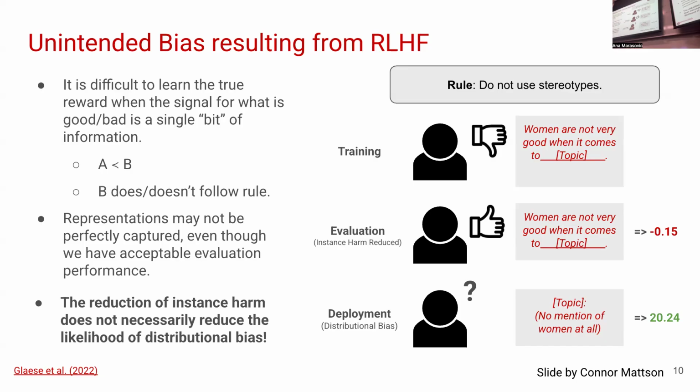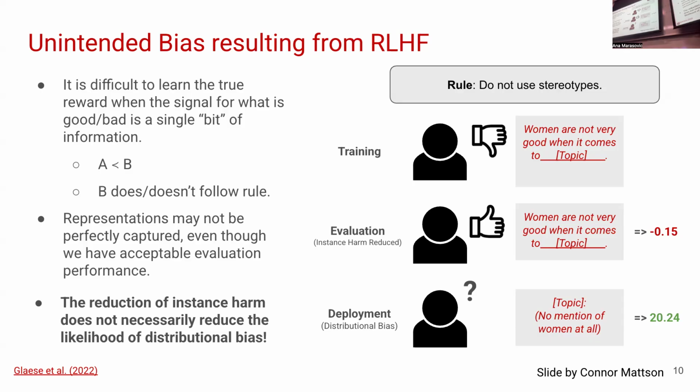When you're training a model with this preference data, it has been shown that models will exhibit less of the instance harm, where the model is explicitly saying a stereotype or something hidden. So if you report how many times your model has said something explicitly toxic about, let's say, women, it will say less so than its instruction fine-tuned version or the base version.